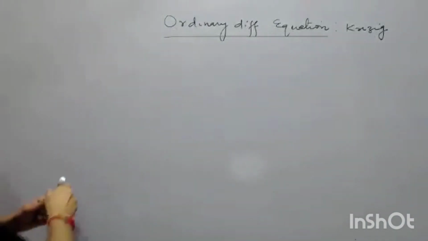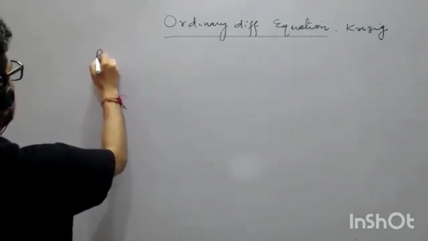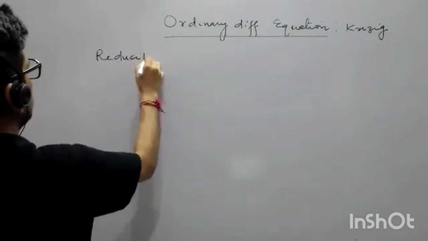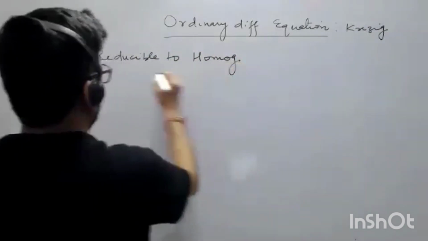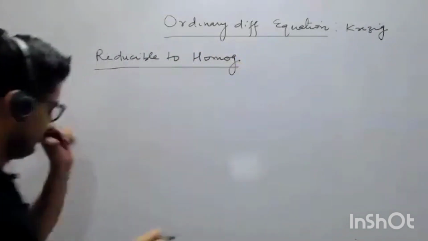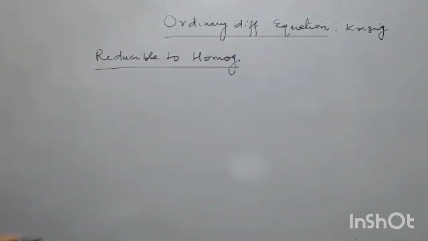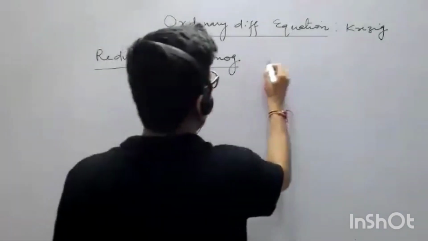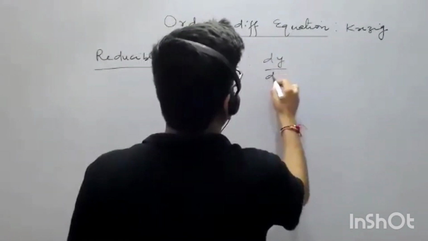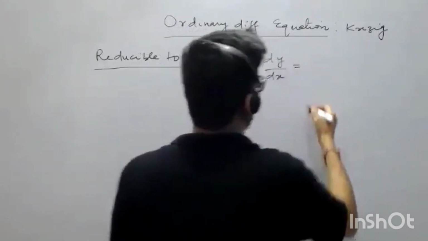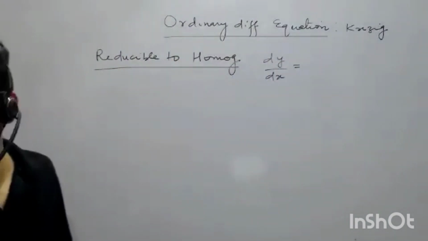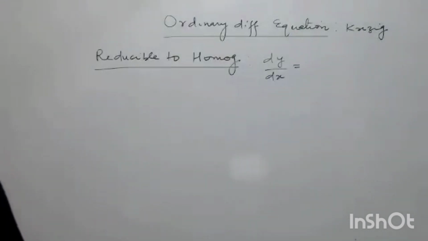That means suppose you have an equation like this, dy by dx is equal to, suppose there are coefficients of x and y and we have to separate them.